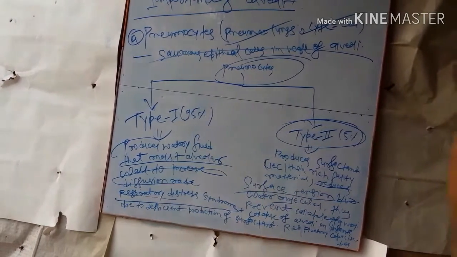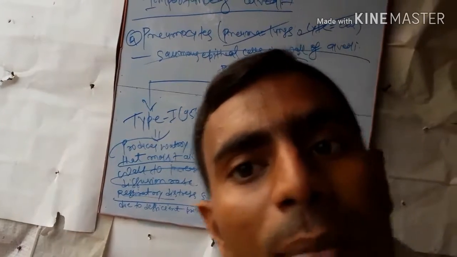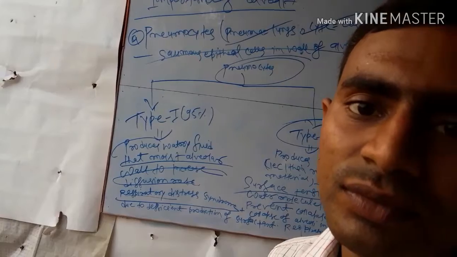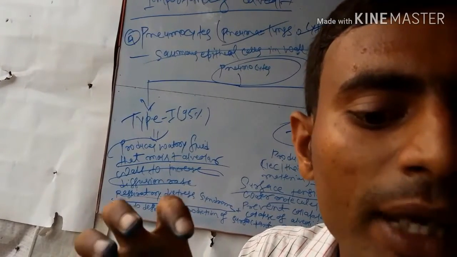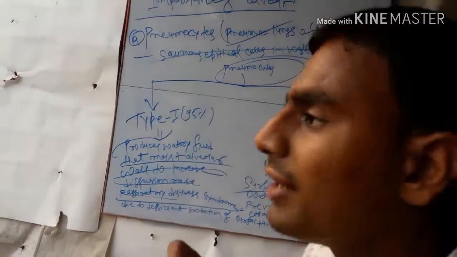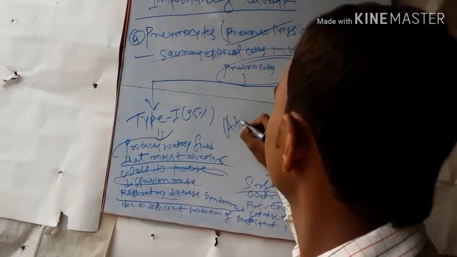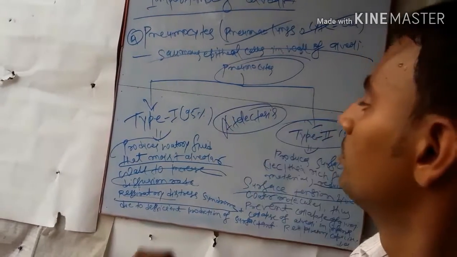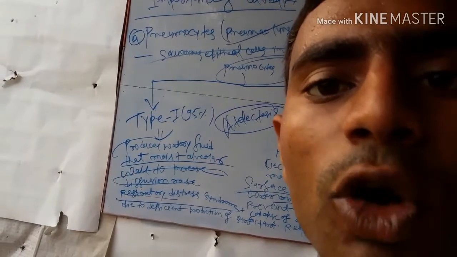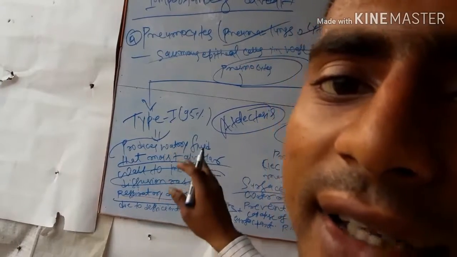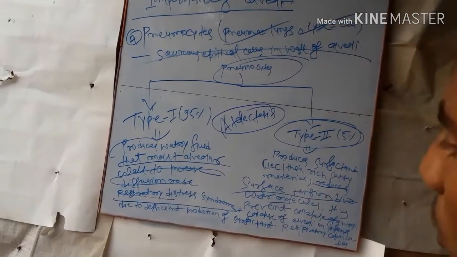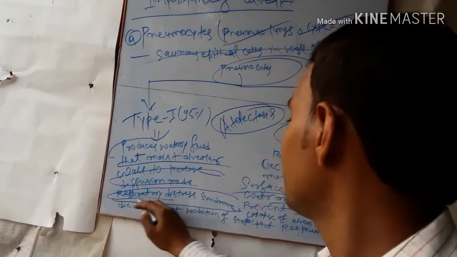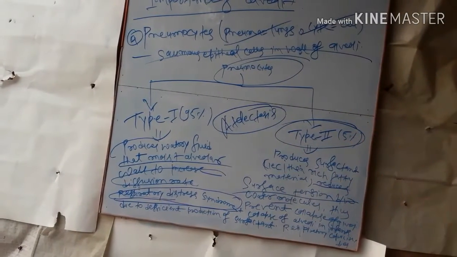The term for collapse of alveoli is atelectasis. And another term is respiratory distress syndrome.